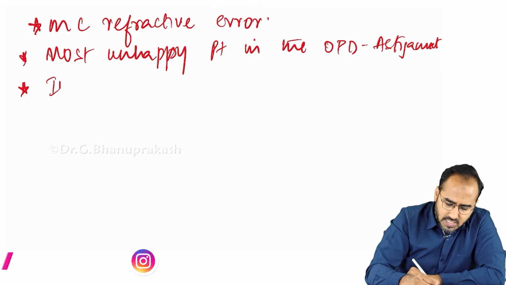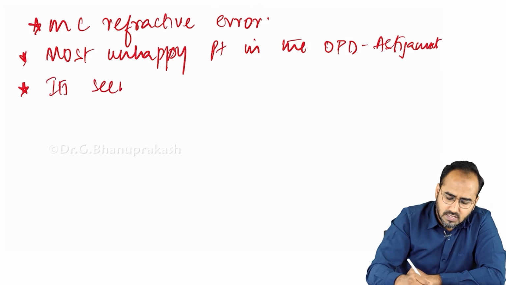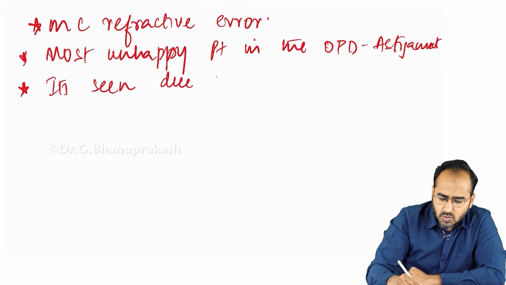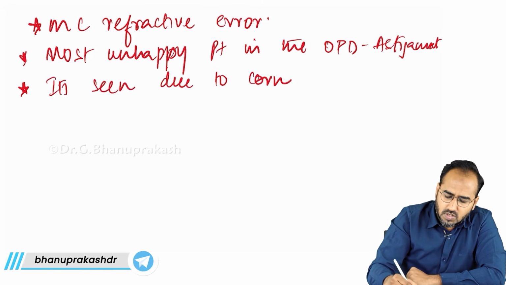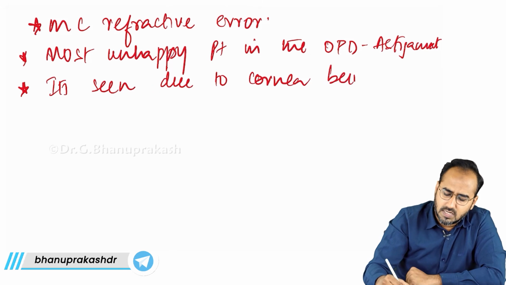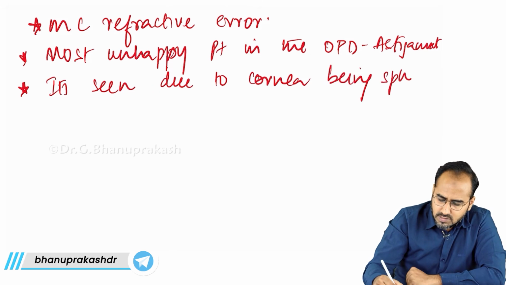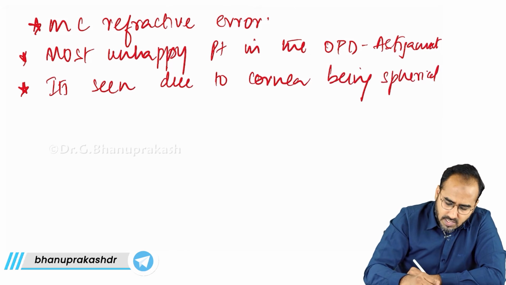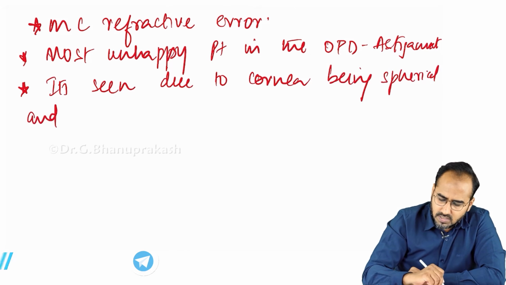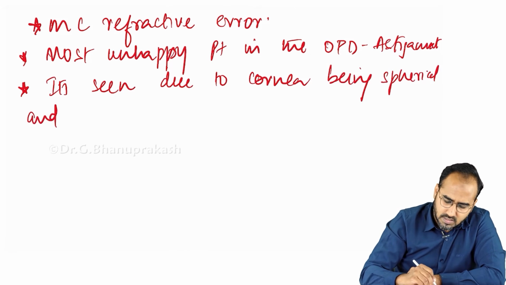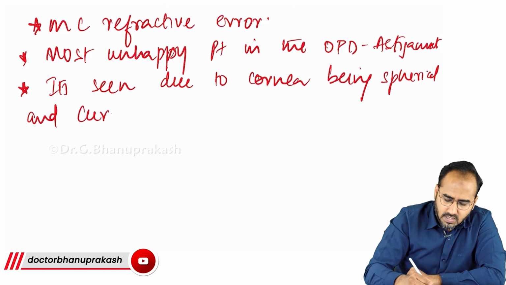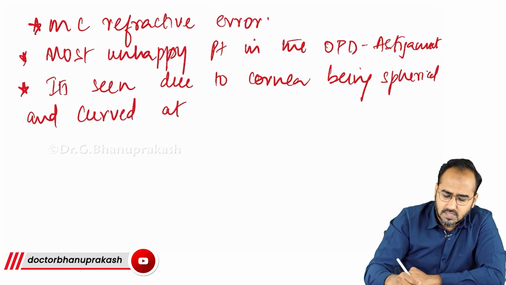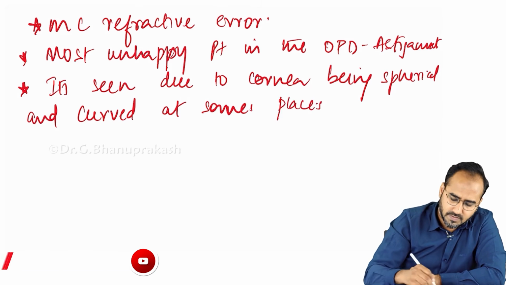It is seen due to the cornea being spherical and curved at some places.